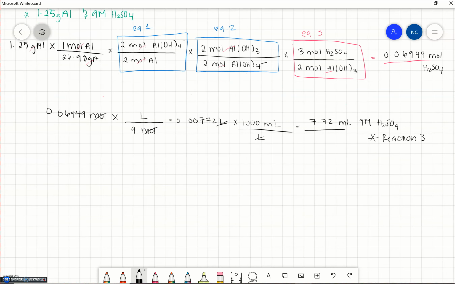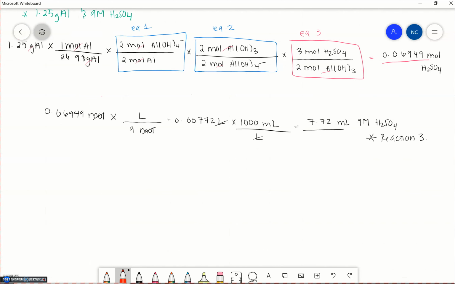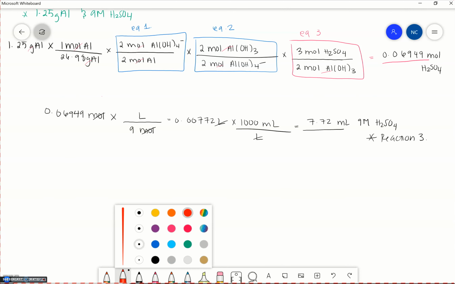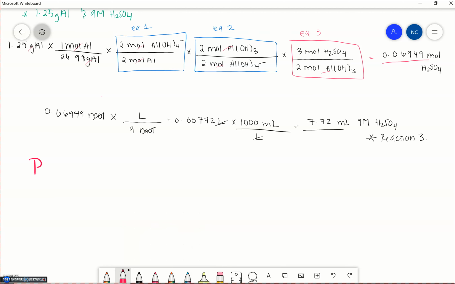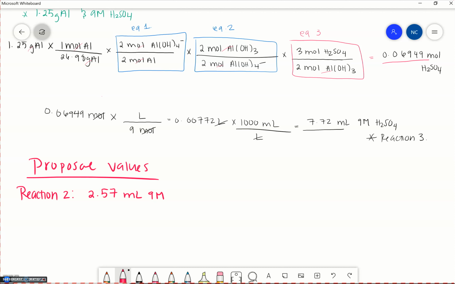So 2 new values that you need to have in your proposal are, so proposal values. For reaction 2, you're going to add in 2.57 milliliters of 9 molar sulfuric acid.